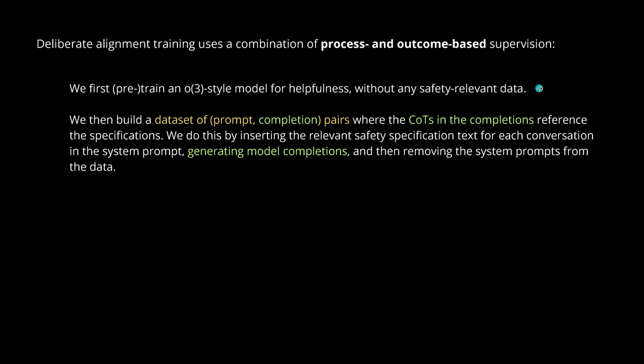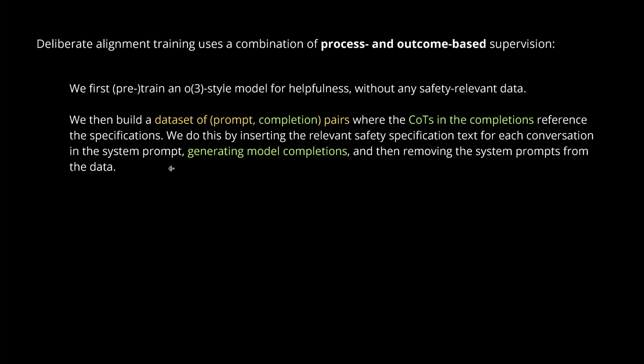So in their pre-training, they say, we have a pre-trained model, and I understand because this is the most expensive part to train. And they say, then we build a data set of pairs where we have the prompt and the completion of the prompt, where the chain of thought in the completion, so here we have our safety instruction built in. We do this by inserting the relevant safety specification text for each conversation in the system prompt.